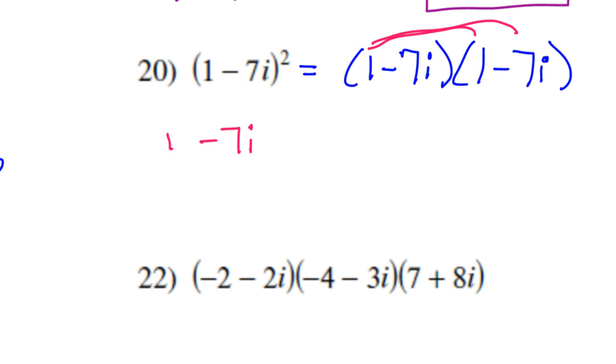And then we will distribute the negative 7i. Negative 7i times 1 is negative 7i. Negative 7i times negative 7i is positive 49i squared.